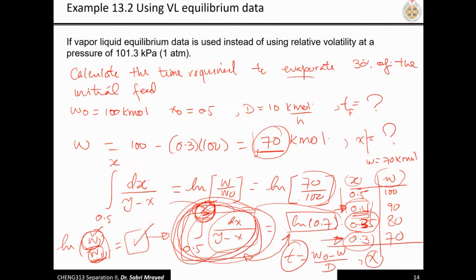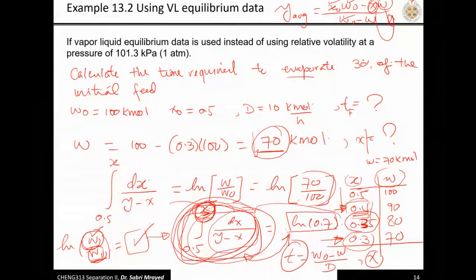Maybe you also want to calculate the Y average. You can say Y average is equal to x0 W0 minus xW over W0 minus W. So now you already have x0 and W0, and you determine x and W, because you know W, but you determine x, that will give you W. It is a little bit interconnected here.